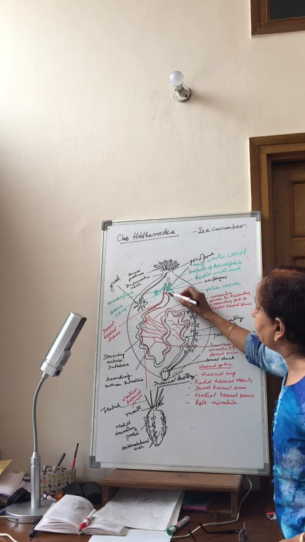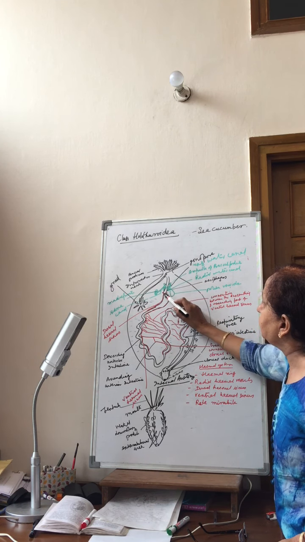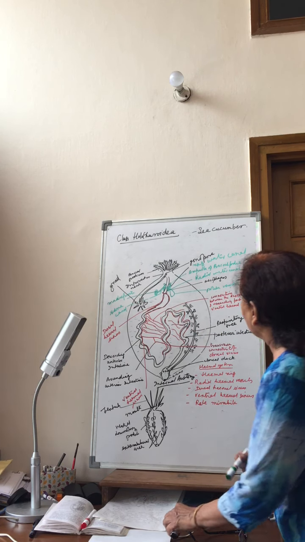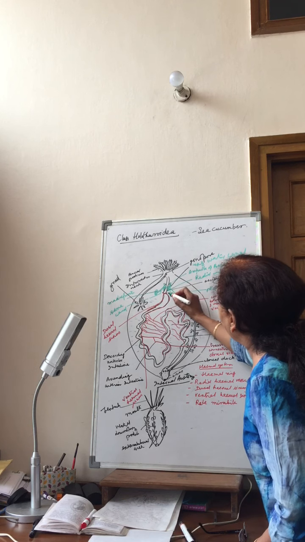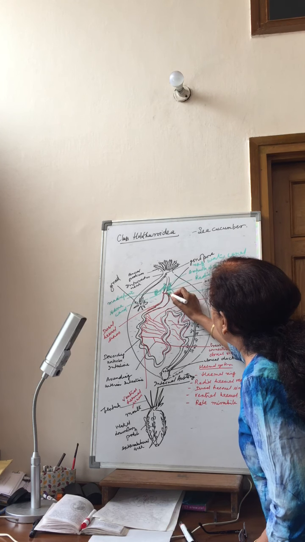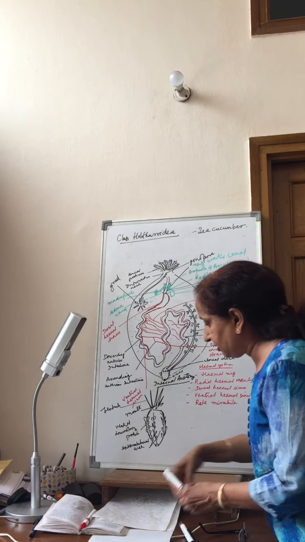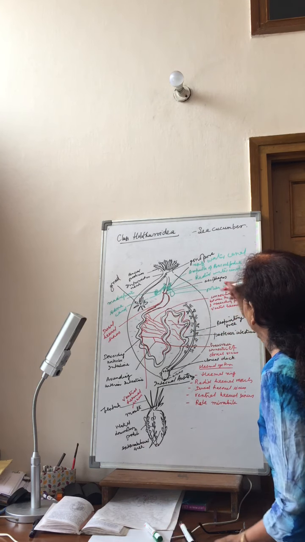So in the hemal system of the animal, there is the ring hemal canal, the ring hemal vessel, present here.